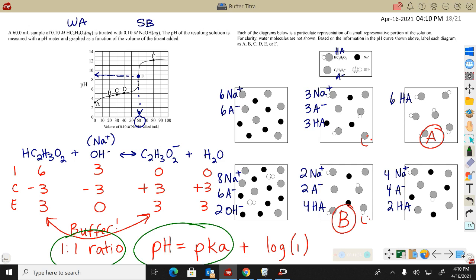And it's no accident, this is going to be point C, put a little C in there, that if you look at point C and you follow it down, it's 30 milliliters. So if point E is called our equivalence point, point C is called your halfway point.